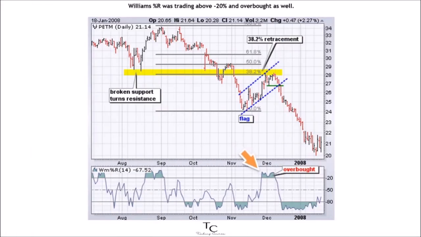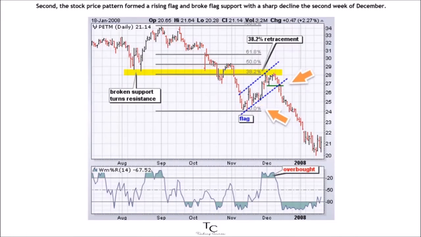Williams %R was trading above -20% and overbought as well. Subsequent signals affirmed the reversal. First, Williams %R moved back below -20%. Second, the stock price pattern formed a rising flag and broke flag support with a sharp decline the second week of December.